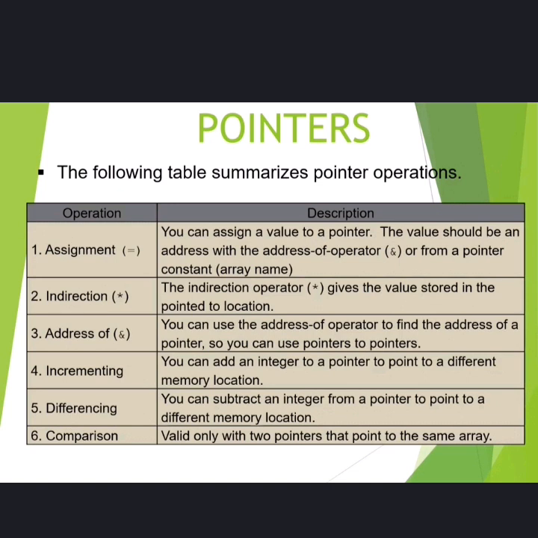You can add an integer to a pointer to point to a different memory location. Differencing, you can subtract an integer from a pointer to point to a different memory location. Comparison operator, valid only with two pointers that point to the same array.